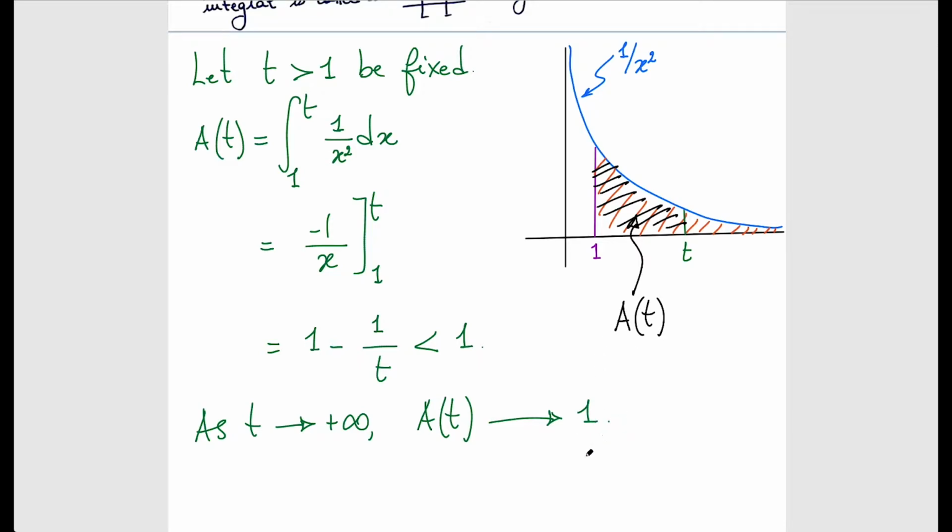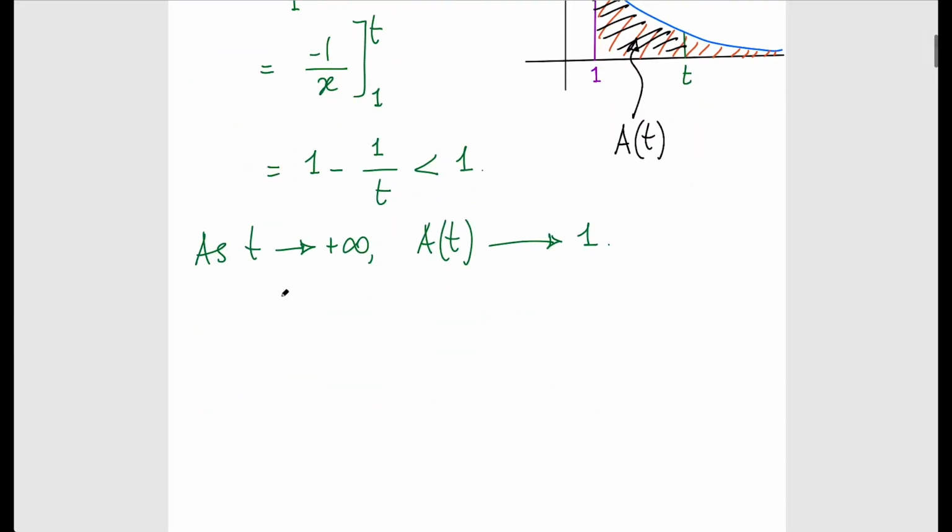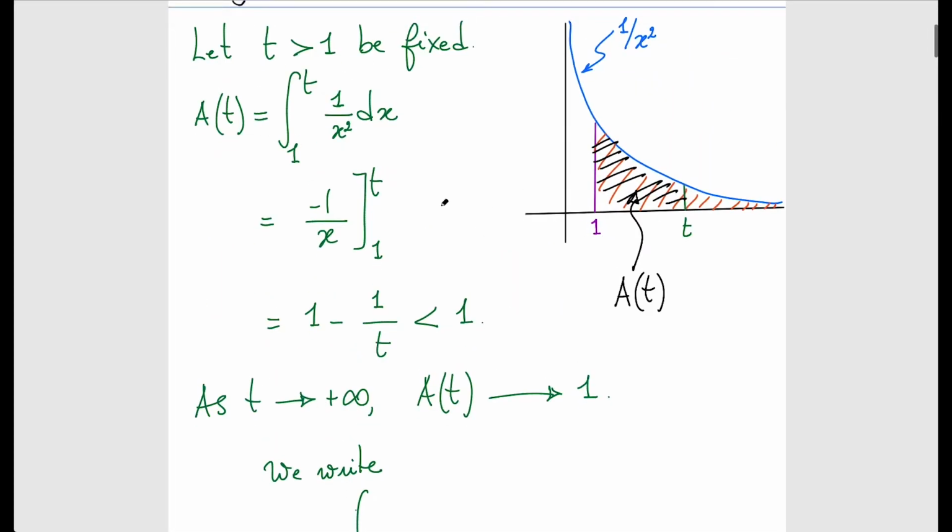All right? And because this unbounded area is actually a finite number, we say that the area of the infinite region is equal to that number, and we write that this area, which is to follow suit with what we used to do at the level of definite integral, right?